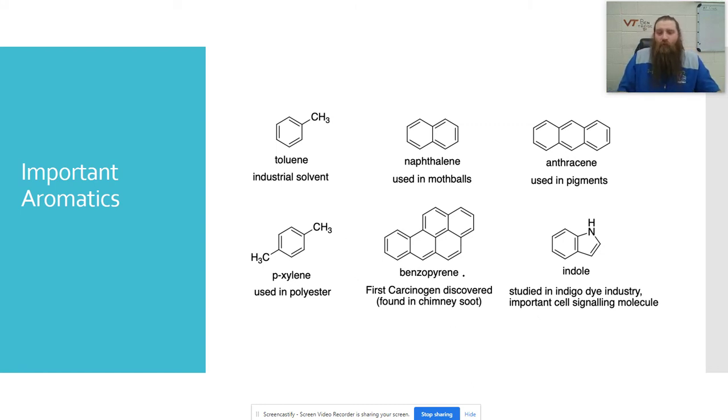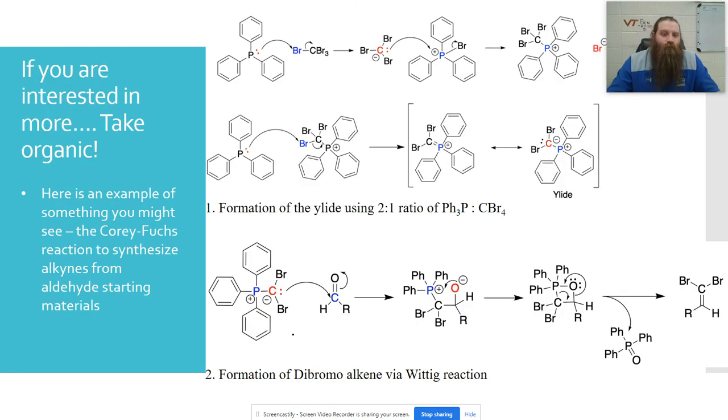Chimney soot has benzopyrene in it, which was actually the first carcinogen ever discovered. And then toluene is also a really important solvent. Xylene's also used in polyester. These are all important aromatics, very common chemical compounds that we see in our day-to-day.